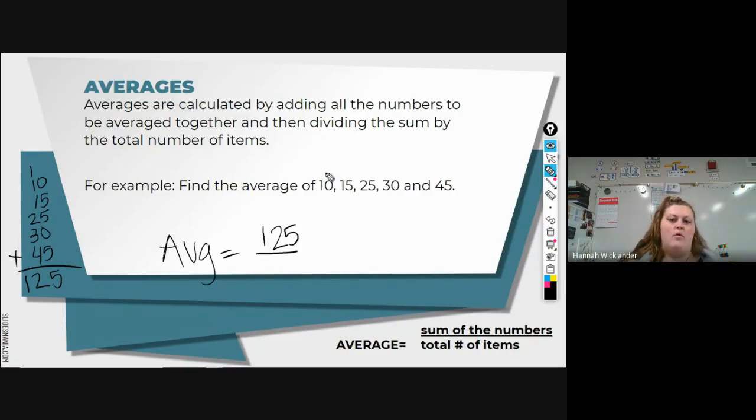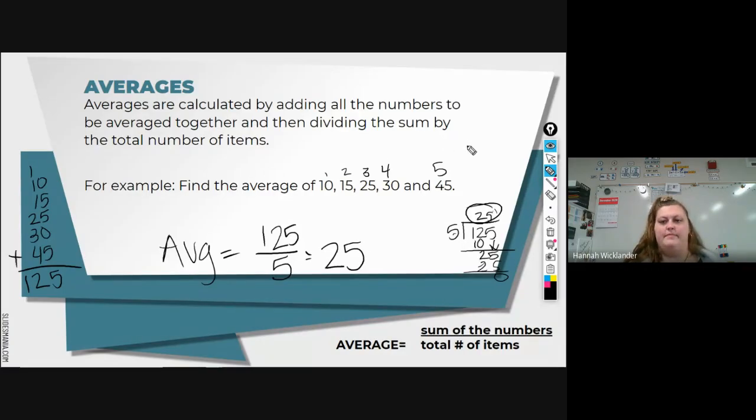I have 1, 2, 3, 4, and 5 items, so I'm going to divide by 5. Once again, I can plug this into my calculator, or I'm going to do it the long way. And I'm left with my answer, which is 25. That's all you have to do: add them together and then divide.